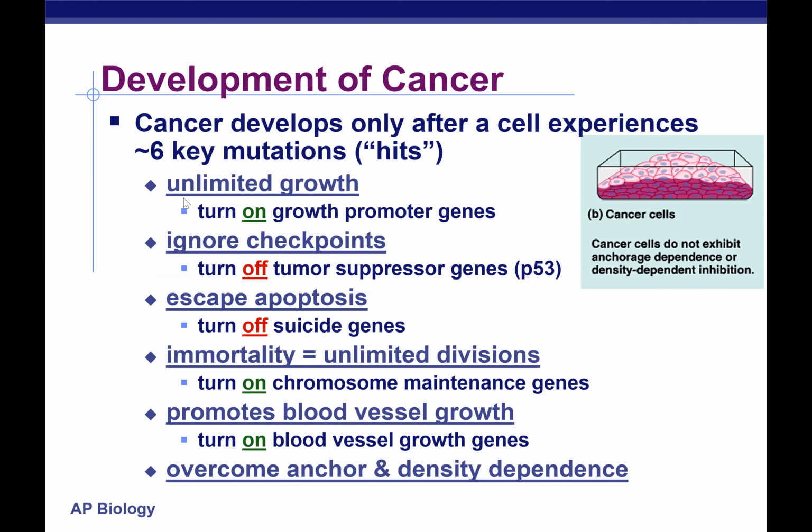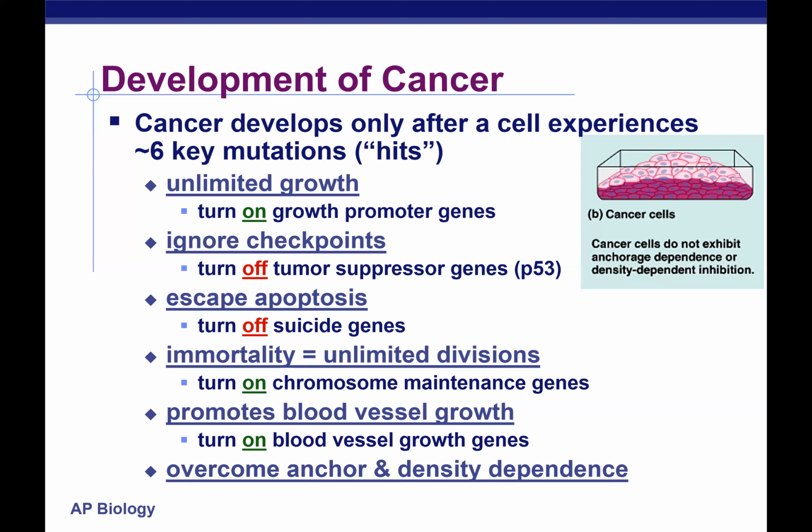proto-oncogenes identified, for example, genes involved in unlimited growth, immortality, and blood vessel growth. These are all proto-oncogenes, and they are switched on in a cancerous cell.